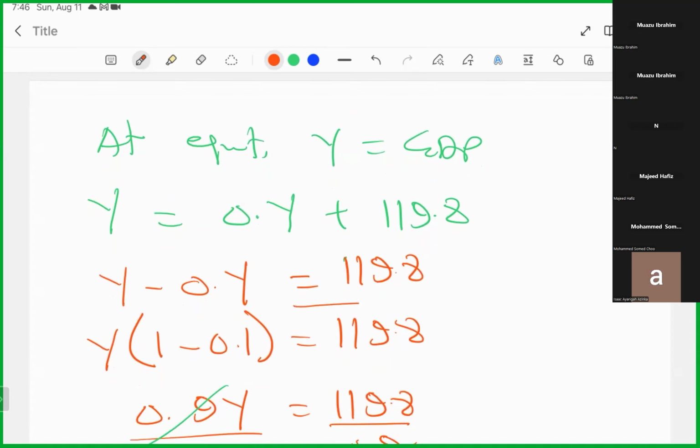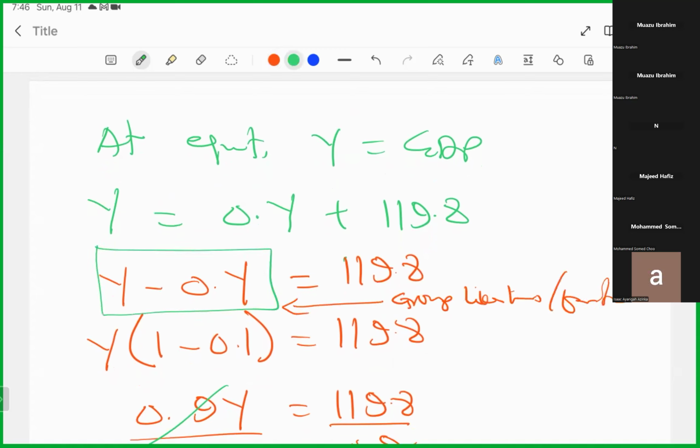Okay, so from this stage, we group like terms or we factor out. Here I'll just simplify. Any number standing alone means there is 1 attached to it. But here we have Y, and we also have Y here. So Y is the common factor.